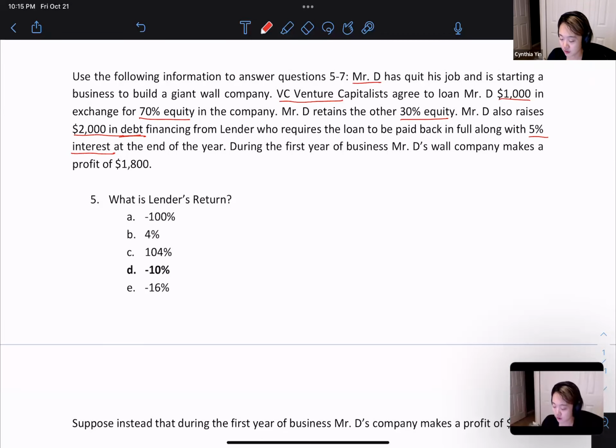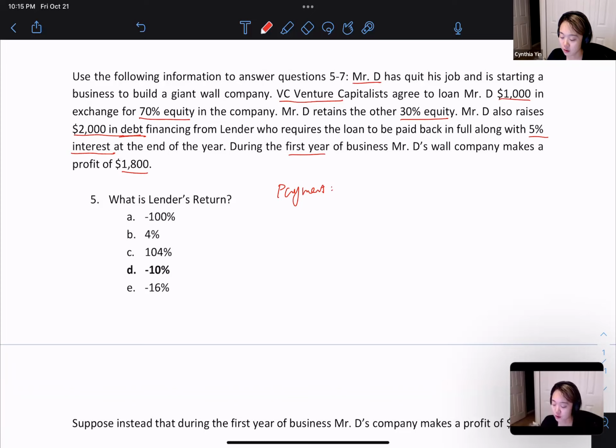Suppose during the first year, Mr. D's company makes a profit of $1,800. So think about it. You remember the order of payment. I assume you know that.